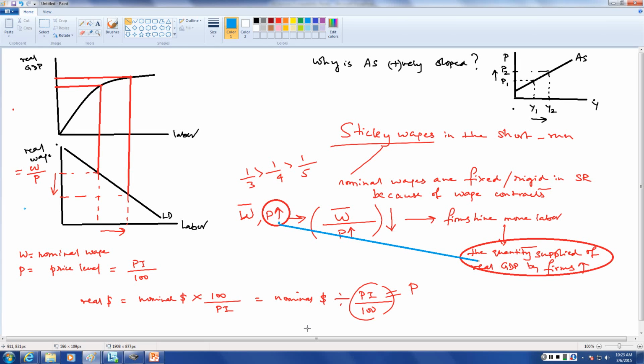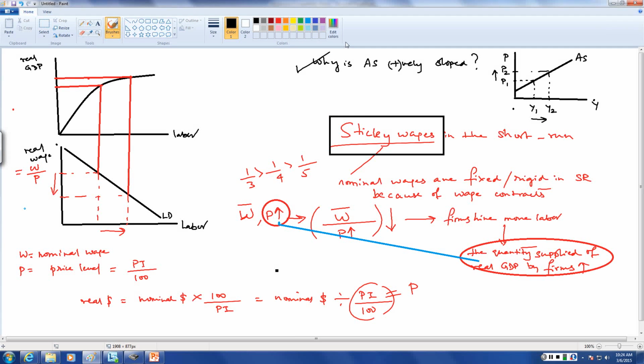Do you understand? So this is the explanation for the positive slope of the aggregate supply curve. Correct? And so what does it hinge upon? It hinges upon this. The fact that in the short term, nominal wages are fixed. So we've answered this question. Why is AS positively sloped?